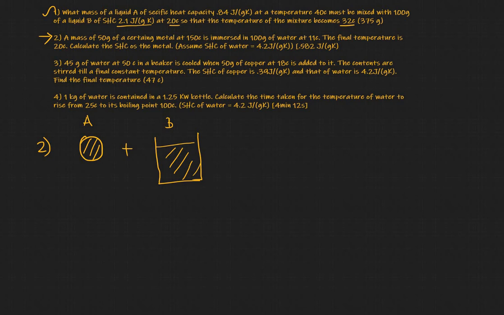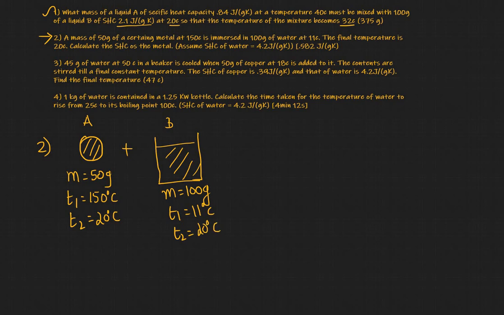You have first the metal, 50 gram of a certain metal, so M equals 50 gram, at a temperature of 150 degrees Celsius, immersed in 100 grams of water. So M is 100 grams at a temperature of 11 degrees Celsius. The final temperature is 20 degrees Celsius, so the final temperature for both will be the same.